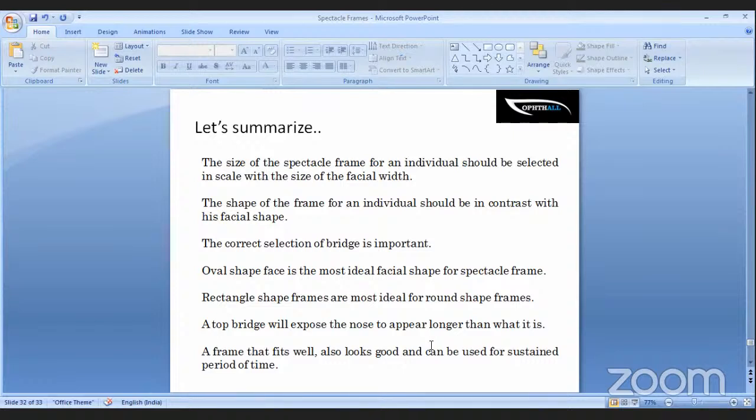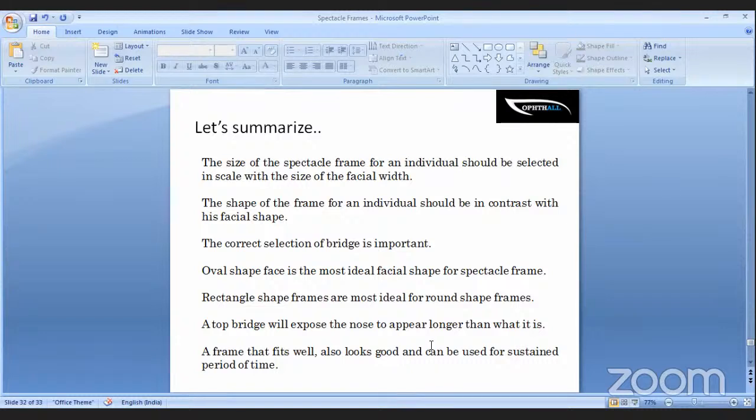In case of kids, usually they try to look through the upper portion of the lenses. Now, if the frame selected is very small, then they will try to look above the top rim of the frame. So they will not be looking through the optical spectacle lenses, which means correction of vision will not have any importance for them.